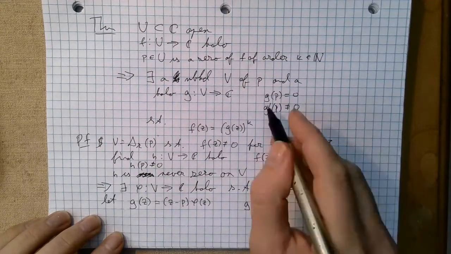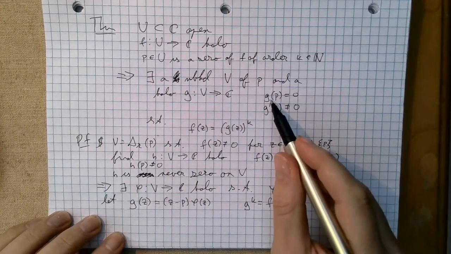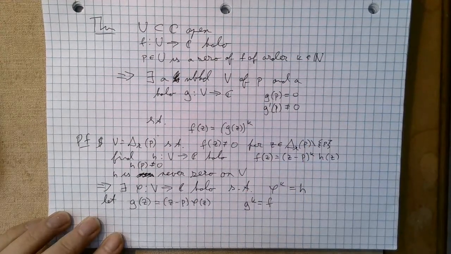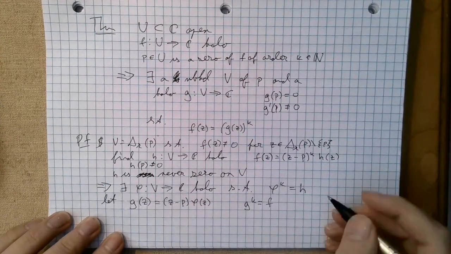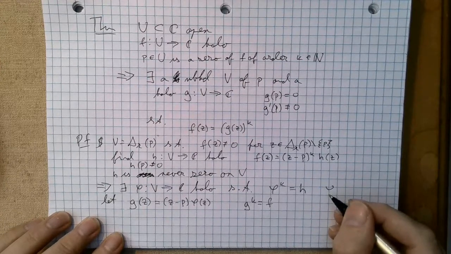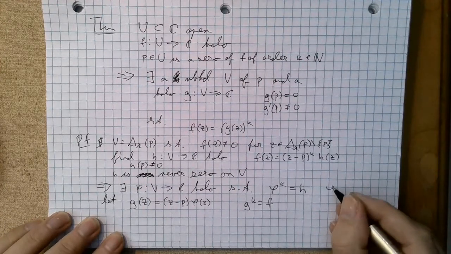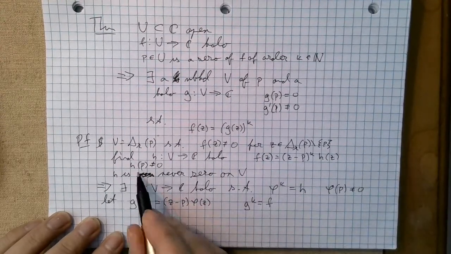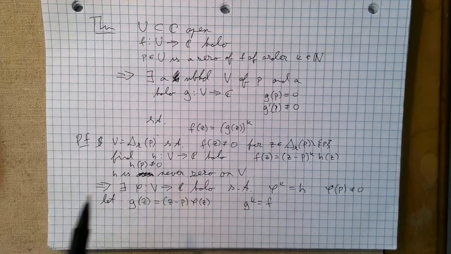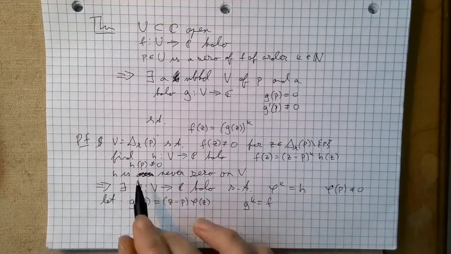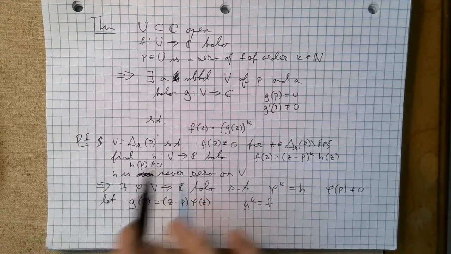I mean, at p, g is definitely 0, but the derivative is non-zero, and this is where we use that phi at p is non-zero, right? Because it's, well, a root of h, right? And h was never 0.